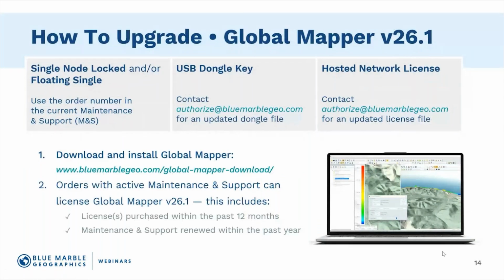But before we leave today, I do want to mention, for those of you who haven't upgraded to Global Mapper version 26.1, some pathways to do that. It depends on your license type what you may need to do.